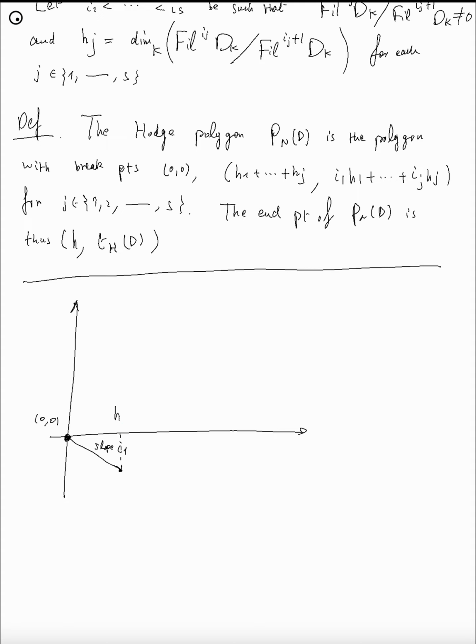This is h1. h1 plus h2, slope i2, then finally h, tH.